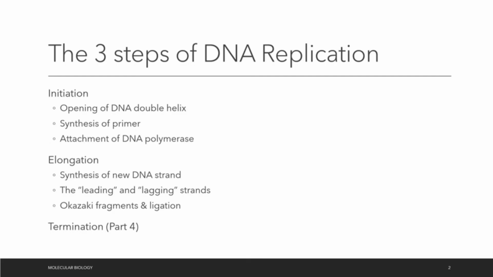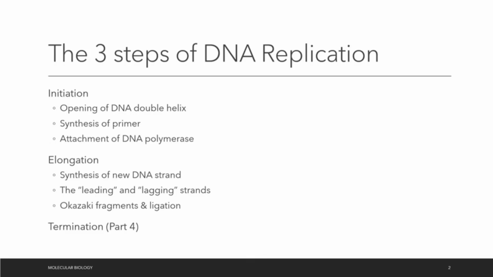During the elongation phase, the new DNA strands are synthesized, and given that the two DNA strands are anti-parallel to each other, one of them will be synthesized faster than the other one. The faster strand is called the leading strand, and the slower one is the lagging strand.